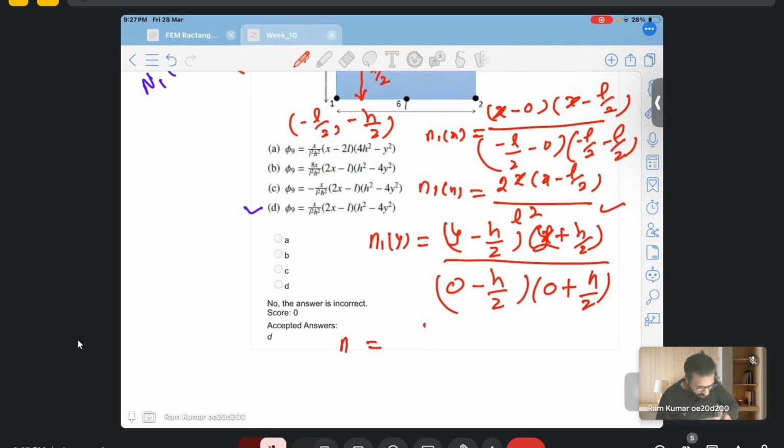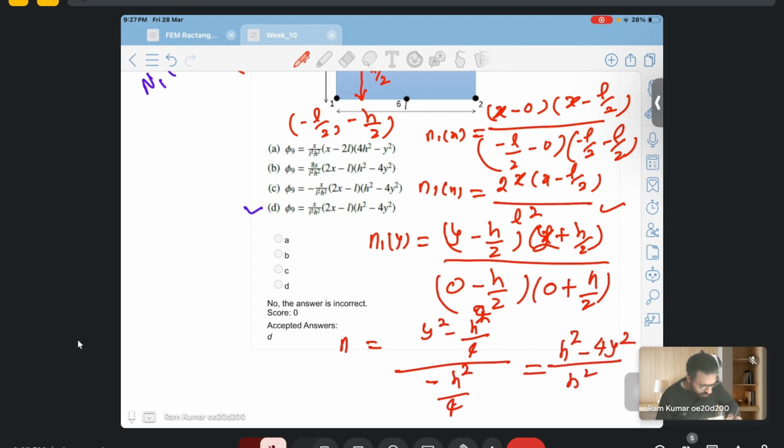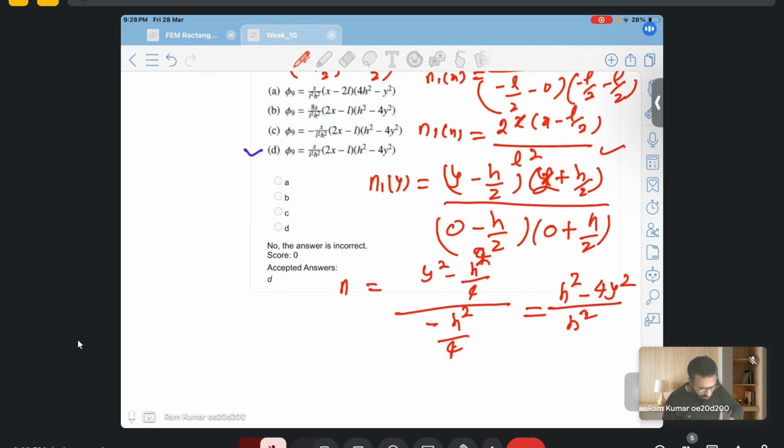This will be y square minus h square by 4 in the numerator, and in the division it will be minus h square by 4. So the 4 will go, and in the numerator we can write h square minus 4y square over h square. Correct? Yes, sir.